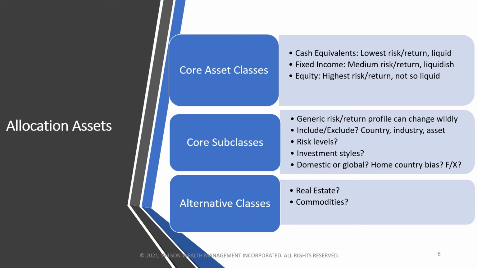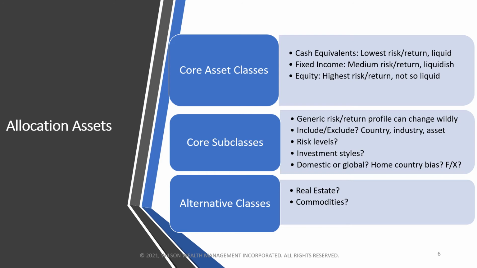As we've discussed before, when you get into the subclasses, there's a lot of variation within the classes, as well as between the classes. And I think the example that I always raise in these sessions currently is, are Coca-Cola common shares, because they're equities, more risky than, say, a Venezuelan government bond?